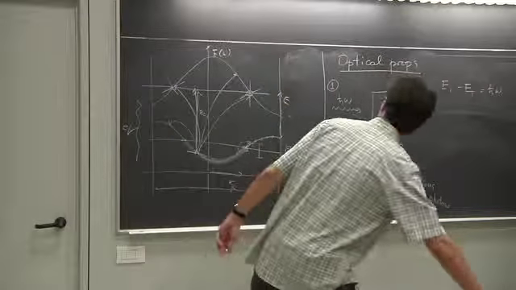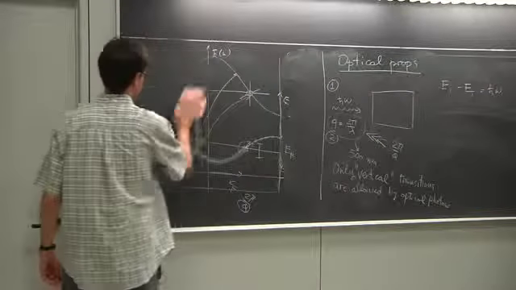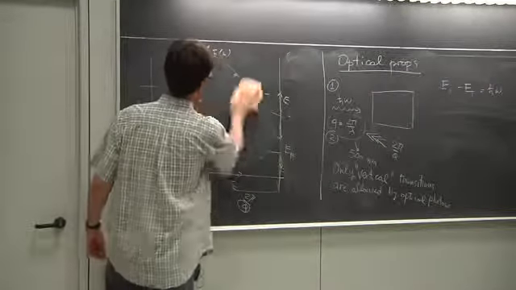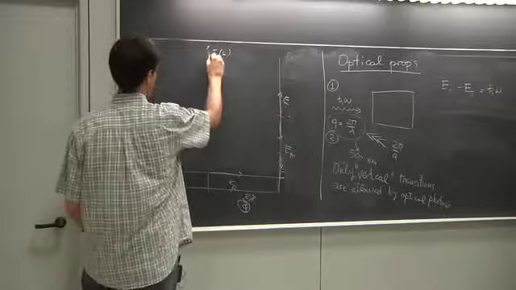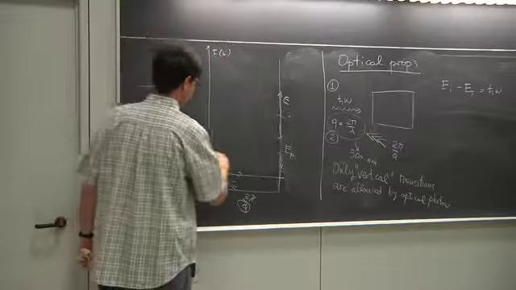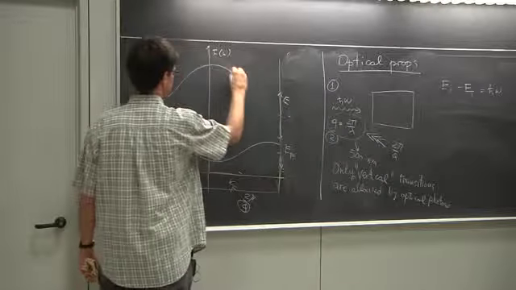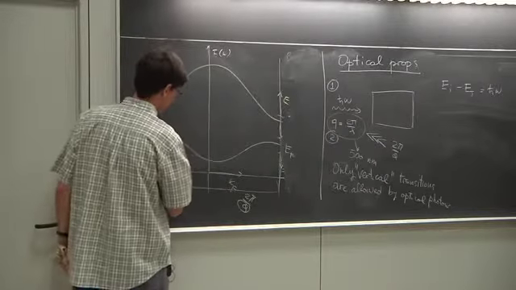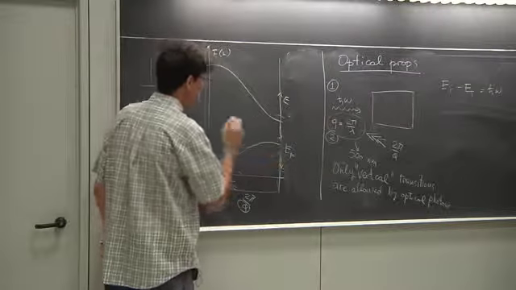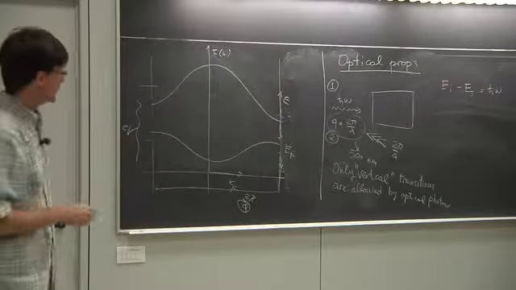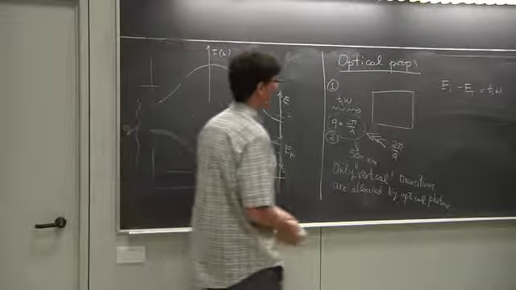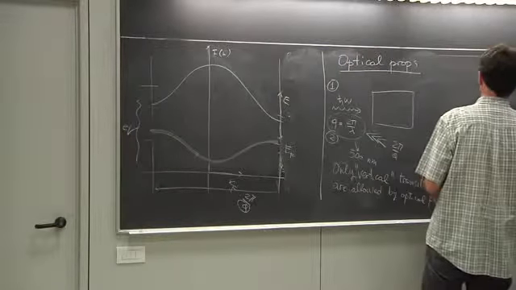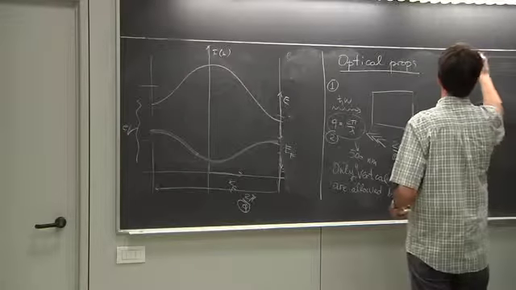So let me now redo this plot, because otherwise this is becoming too messy. So I have my band structure here. I have another band structure here. Let me begin by treating an insulator. So let me discuss the general properties of an insulator now.